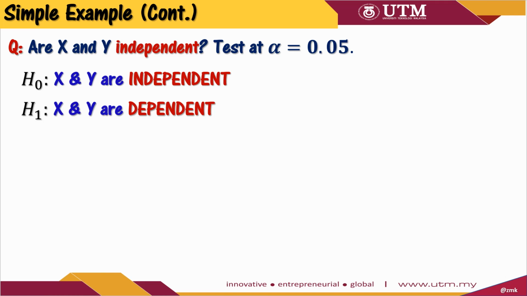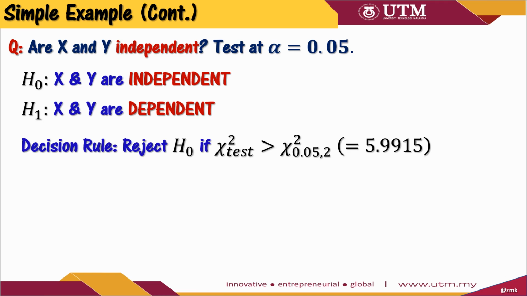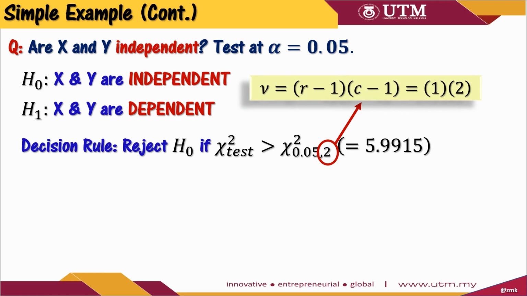Back to the simple example, the decision rule is to reject H0 if the chi-squared test statistic value is greater than chi-squared 0.05, nu, where nu is 2 minus 1 times 3 minus 1, given by 2, and hence the critical value is chi-squared 0.05, 2, given by 5.9915.